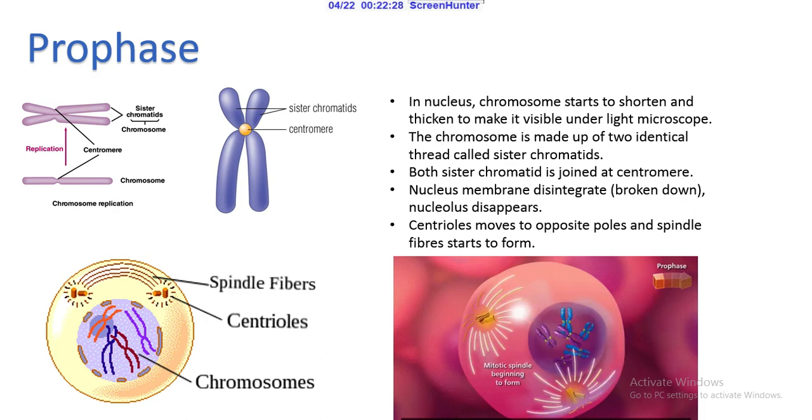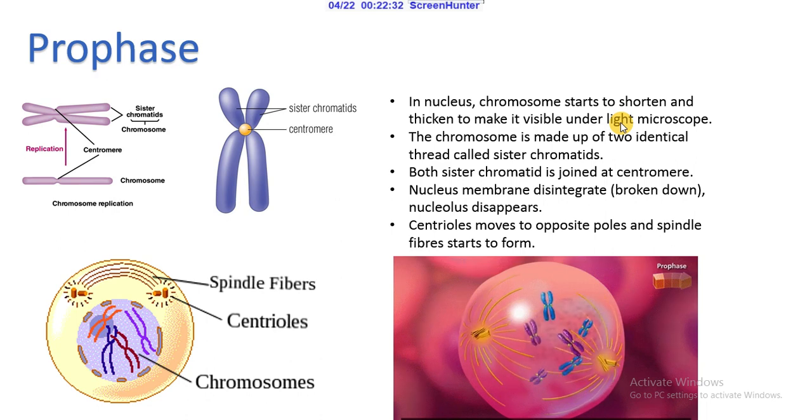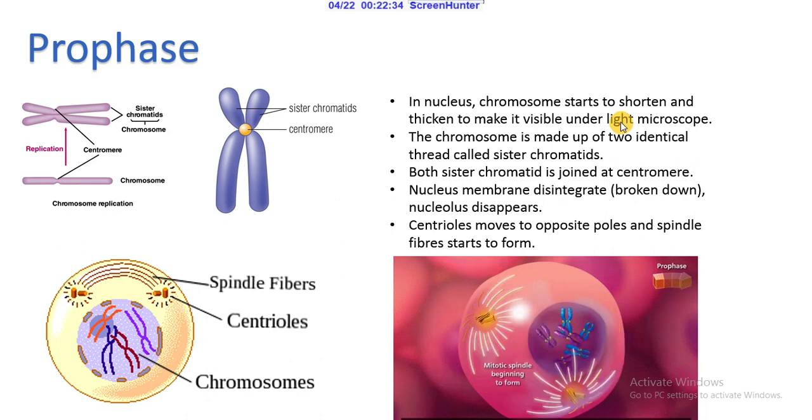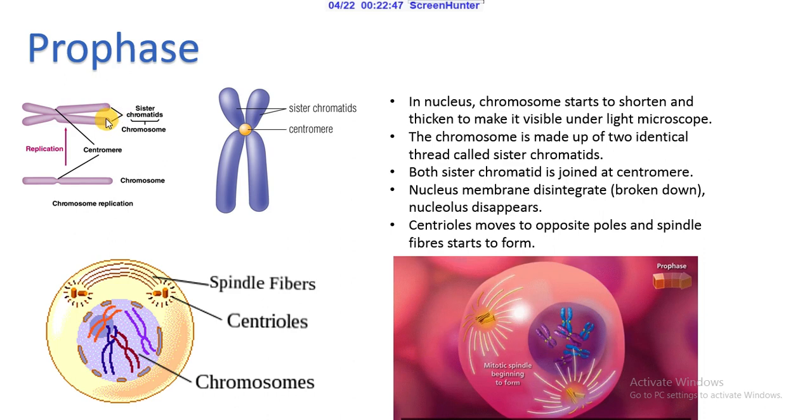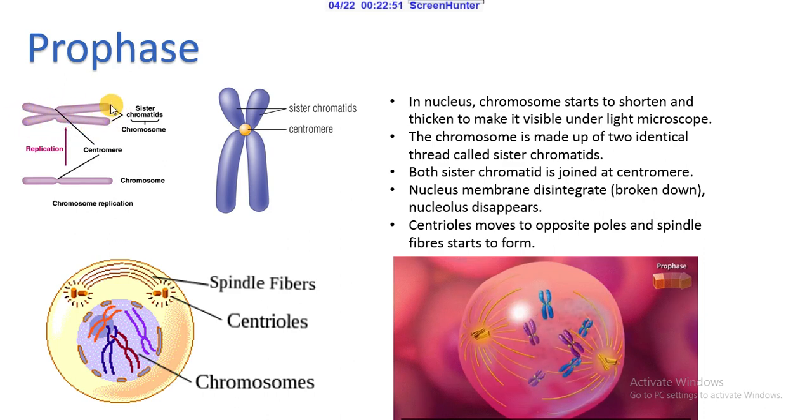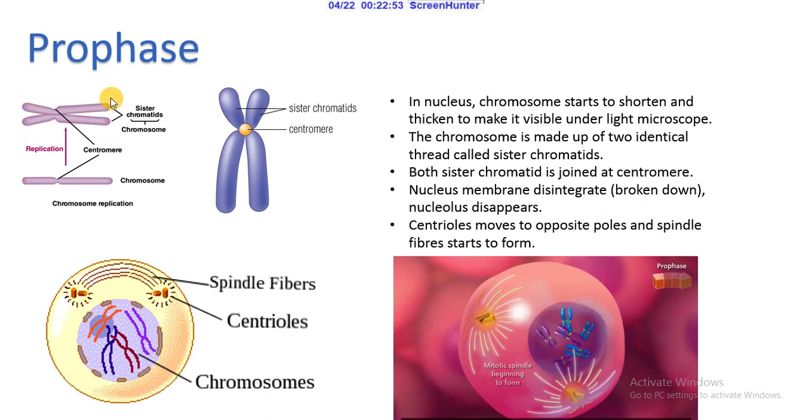So for prophase, in the nucleus, the chromosome starts to shorten and thicken to make it visible under a light microscope. The chromosome is made up of two identical strands called sister chromatids. So this one is a chromosome, it will undergo replication and become sister chromatids. This one is one sister chromatid, and this one is the second sister chromatid because it is the same.